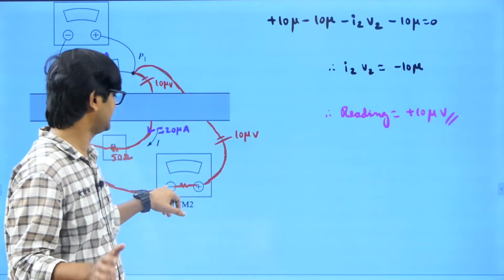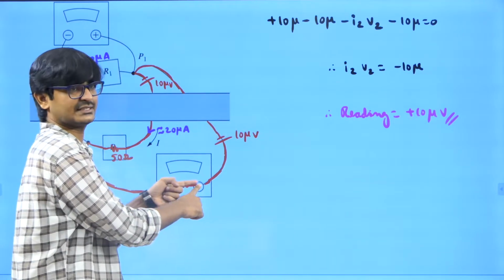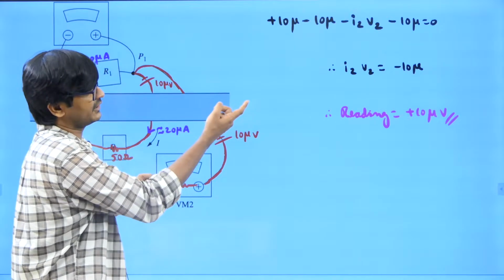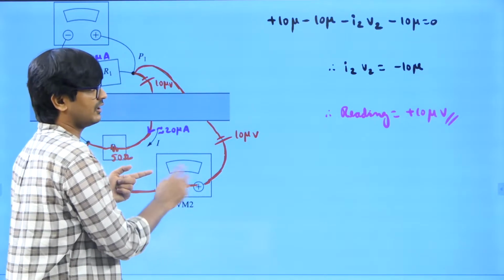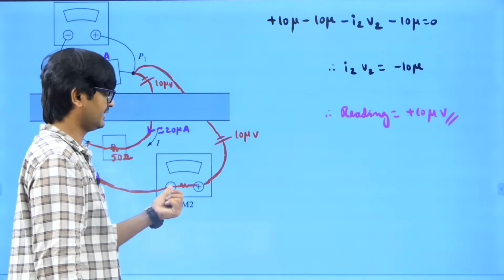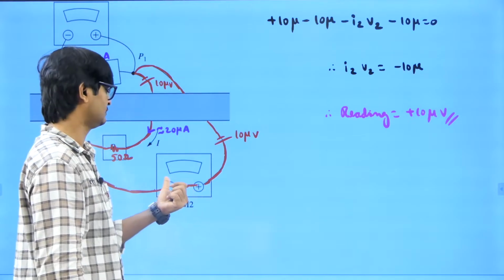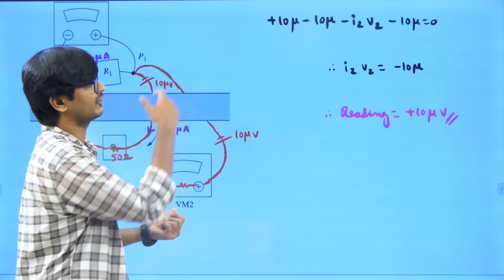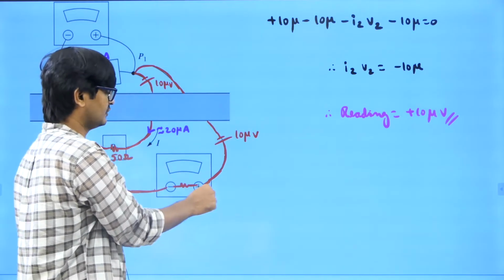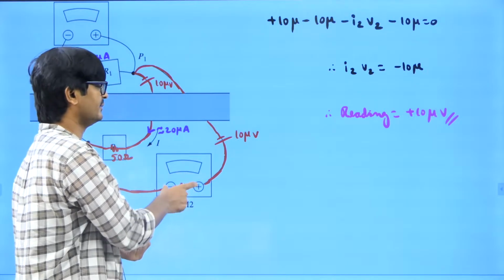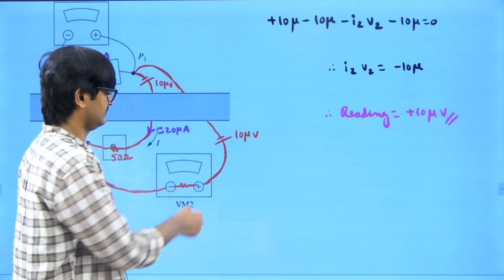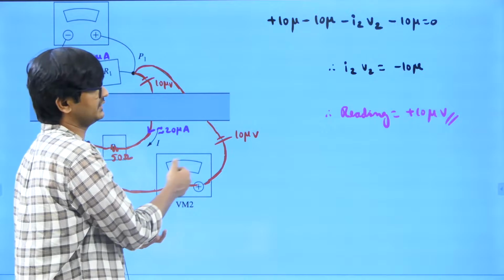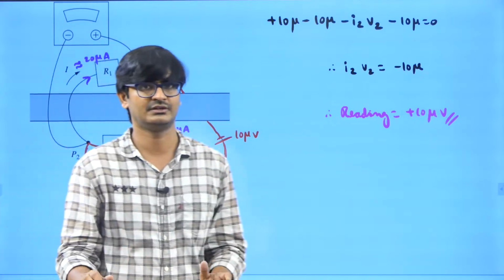The meaning is it is the other way. I assumed this is positive and this is negative, but I got the other answer. The meaning is this is going to be positive, this is going to be negative. So the voltmeter will be finding the correct value, because this is positive, this is negative, right? So it will be showing plus 10 microvolt.